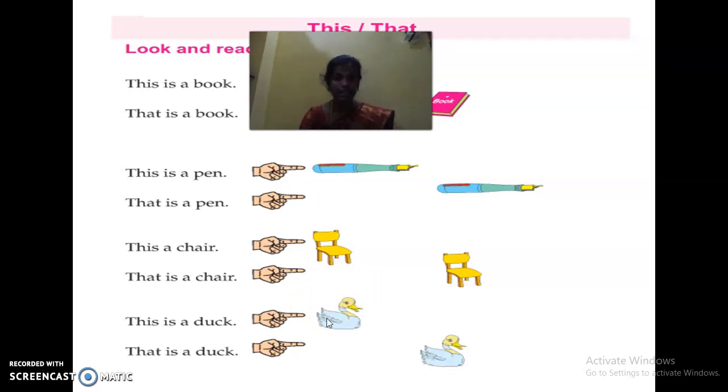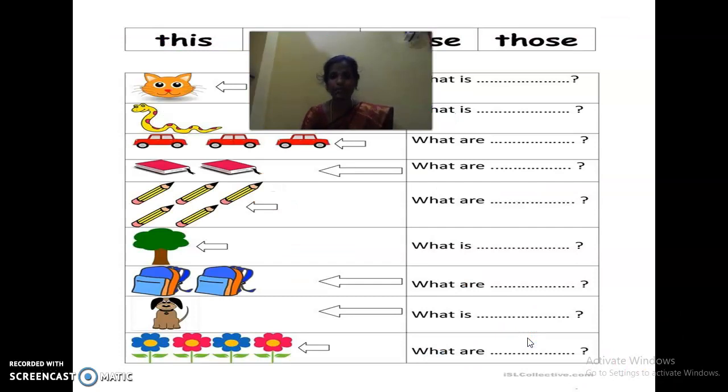In this case, the noun should be in singular form. Here you can find only one book, one pen, one chair and one duck. Is it singular or plural? Yes, it is a singular noun. If it is a singular noun, you use this and that. If it is a plural noun, which demonstrative pronoun do we write?